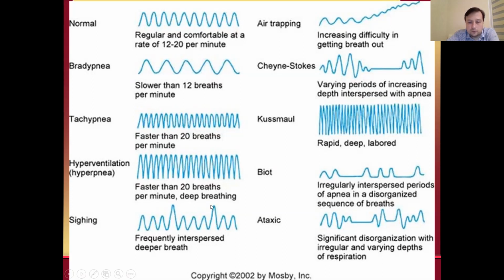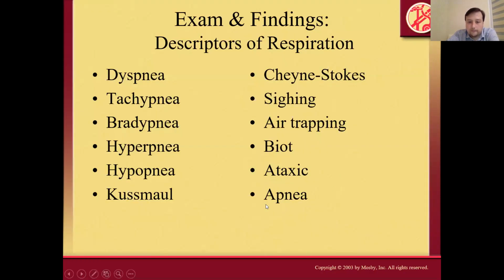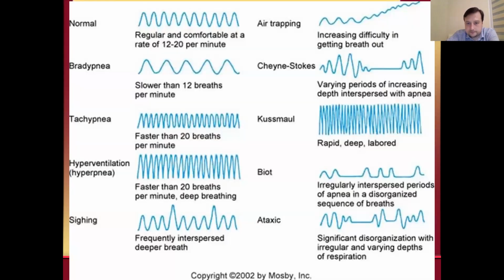If we talk about pathological types of breathing, this breath has some periods of apnea. Also we have findings like apnea, which is absence of breathing. In Cheyne-Stokes breathing, we see different rate, periods of apnea, and different volume.